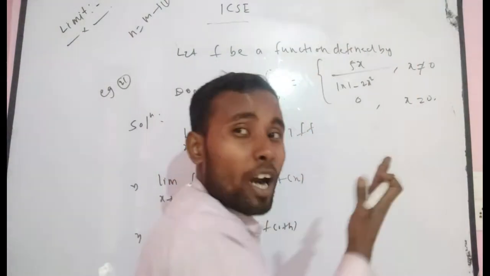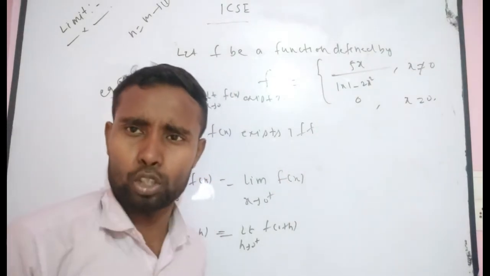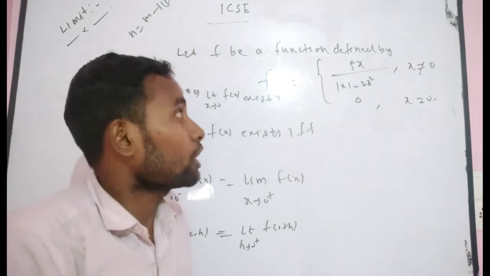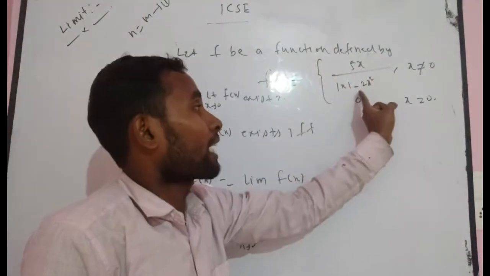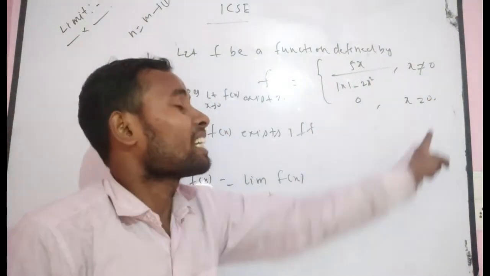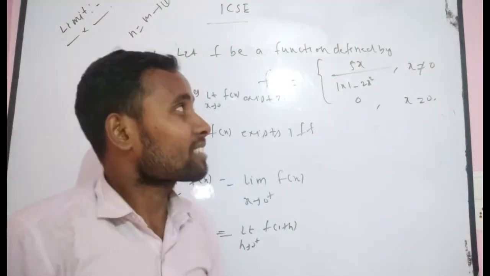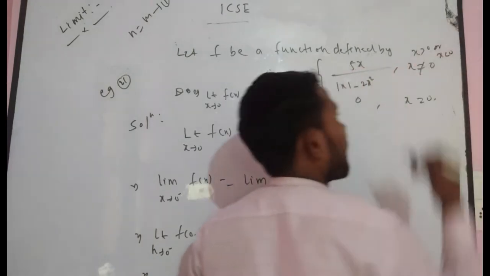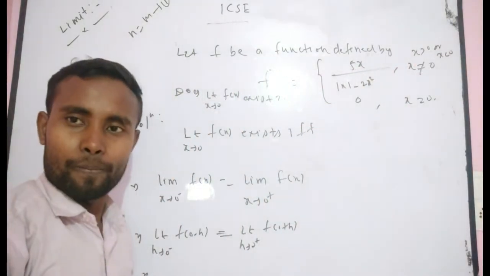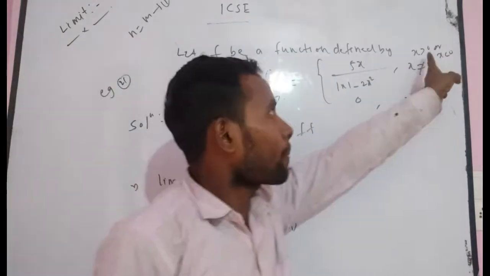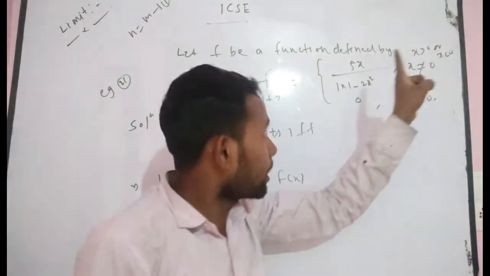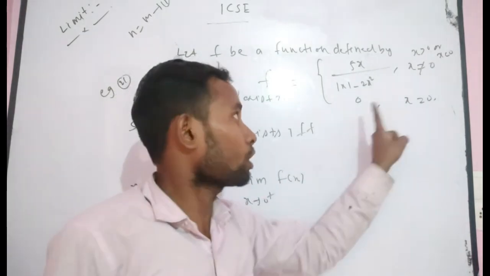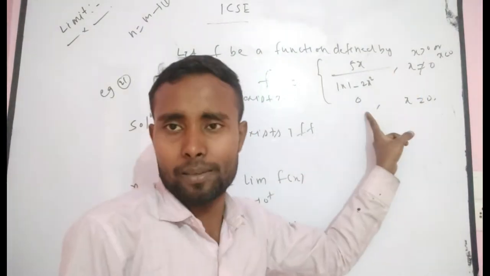When x is not equal to 0, it becomes 5x by mod x minus 2x square. Not equal to 0 means either x is greater than 0 or x is less than 0, and in both cases you have to use this function. But when x is equal to 0, you can't use this function, you have to use the other one.